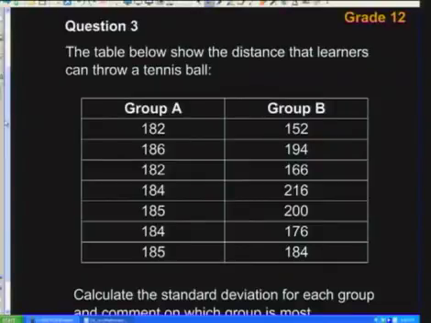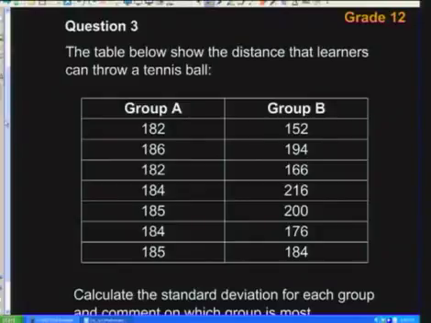And what you're going to do in this question is use your calculator to calculate the standard deviation for A and for B. Now, just by looking at it quickly, I can see that in group A, everybody could throw the tennis ball kind of around 180. And in this group, there was a lot more variance or variety. So what you'll find when you calculate the standard deviation, maybe we'll get to it, is that this standard deviation will be comparatively smaller than that one.